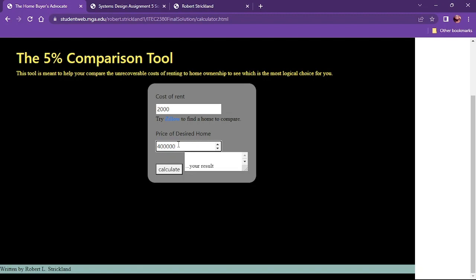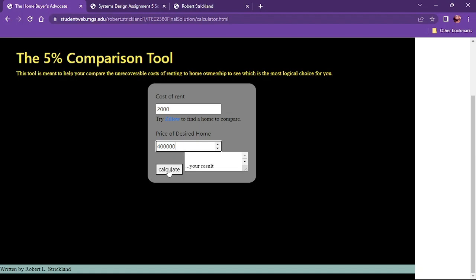What it does is it applies the 5% rule to the costs, which is 400,000 times 5%, which will give you the actual costs associated with purchasing the home, and then you divide it by 12 to get the monthly amount.